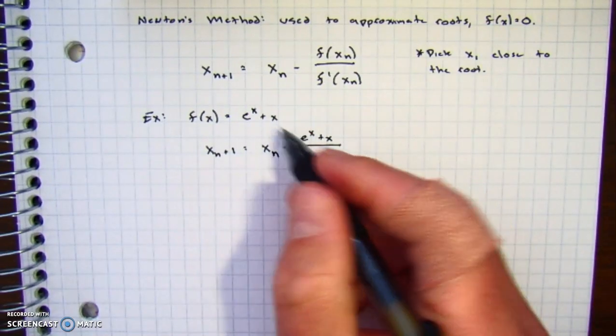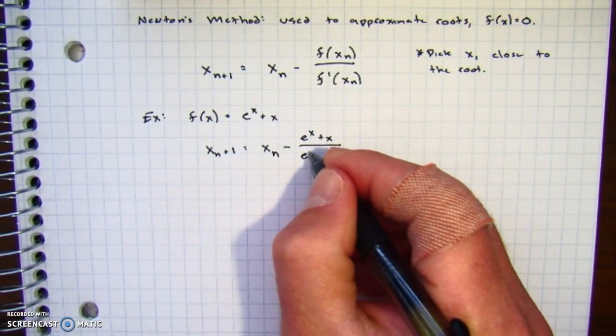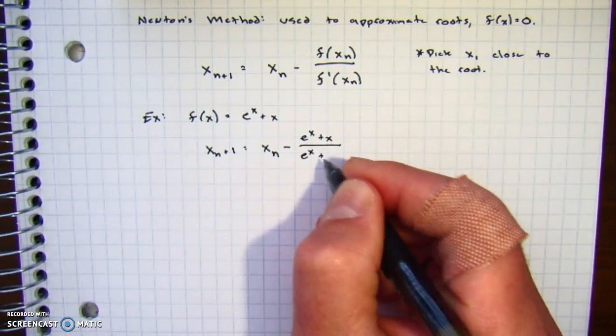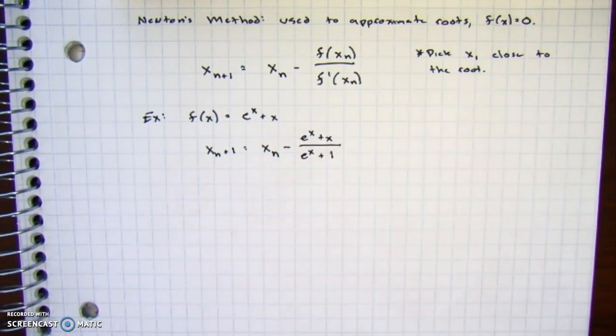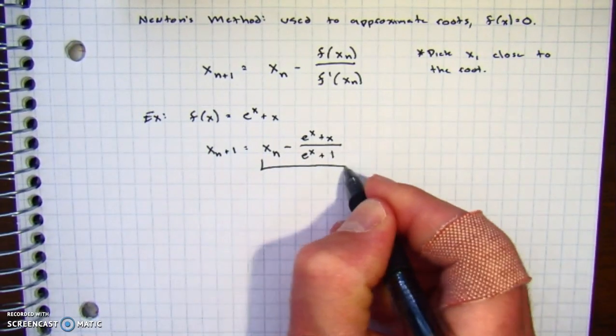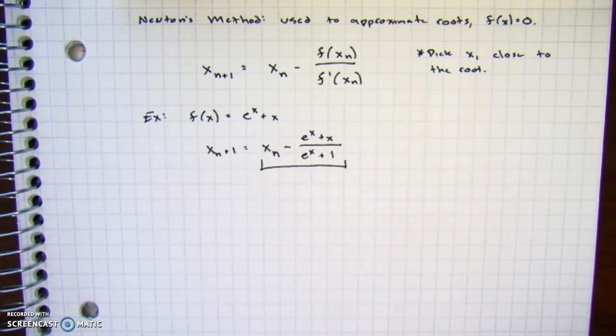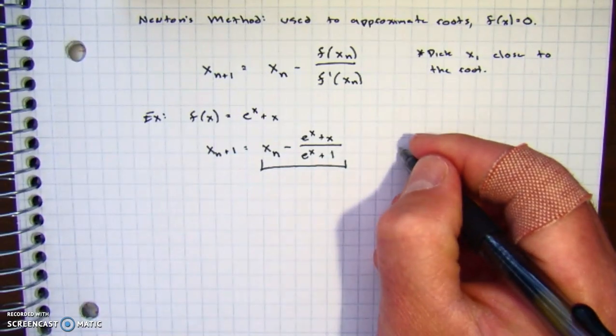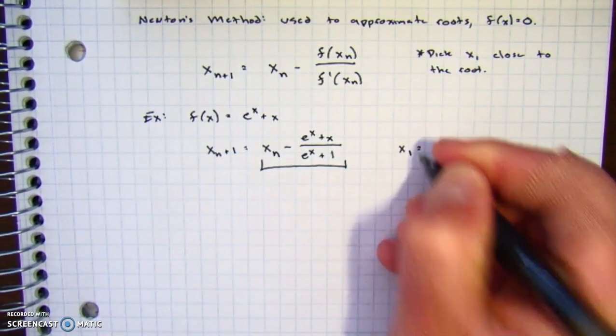The derivative of e to the x is just e to the x, and the derivative of x is just 1. So this is the equation that I'm going to use, and I've got to pick a value to start. So I've got to pick an x1.